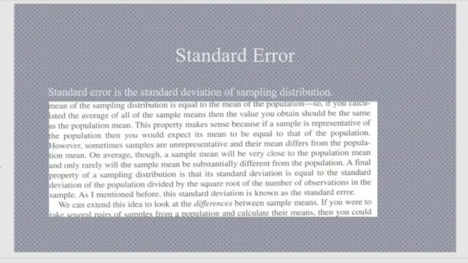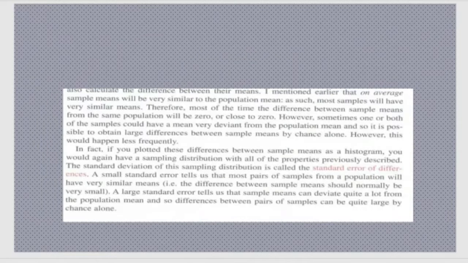If the standard error is large, then we can say that the sample means deviate from each other a lot, right? You can see it is written: a large standard error tells us the sample means can deviate quite a lot from the population mean.